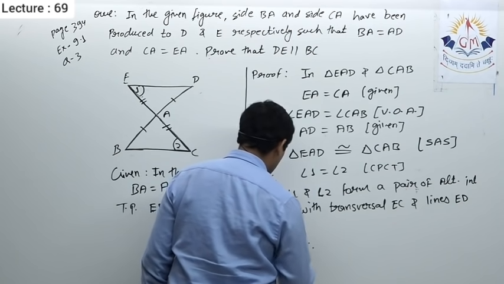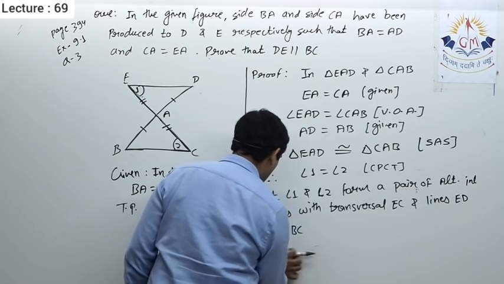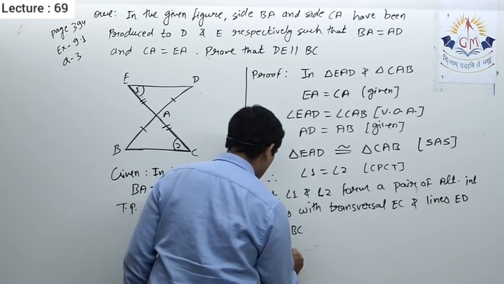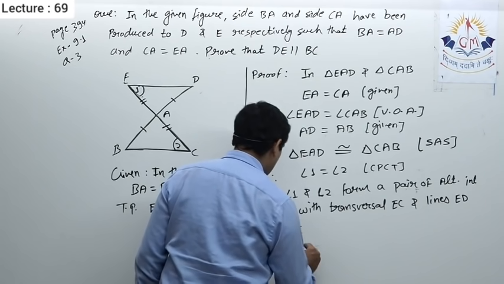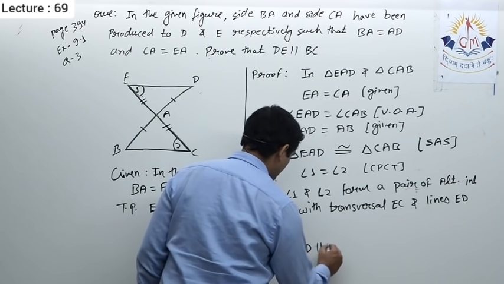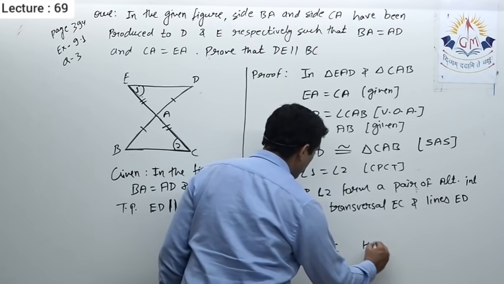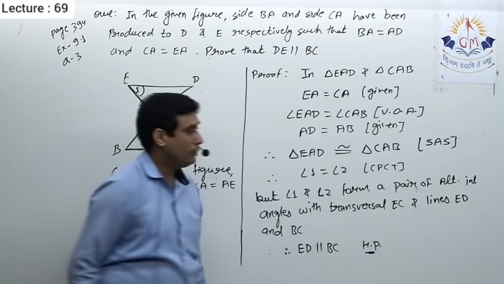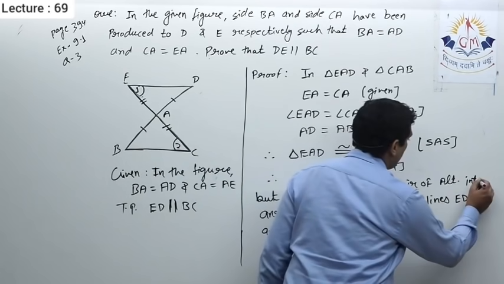Therefore I can write ED parallel to BC, hence proved. So please note it down, then we'll see the next question.